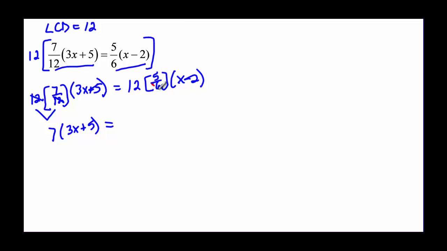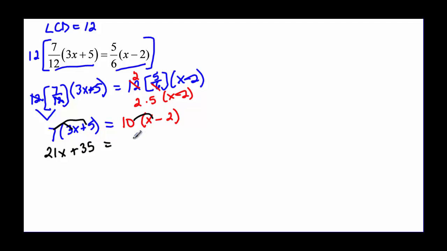The 6 goes into 12 2 times, and so now I have 2 times 5 times that x minus 2. So it's really going to be 10 times x minus 2. And when I distribute on this side, I'm going to have 21x plus 35.